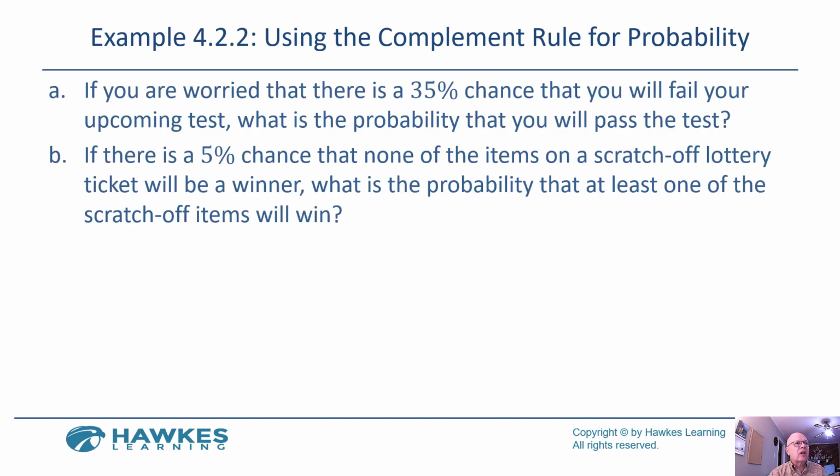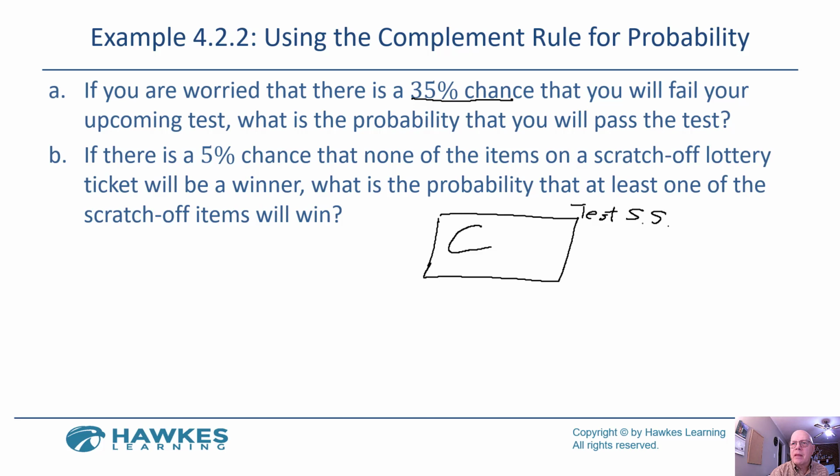So let's take a look at using the complement rule. You say there's a 35% chance that you'll fail the upcoming test. What's the probability you'll pass the test? Well, you can draw a picture, you can draw that in your head or whatever. Here's a test sample space. Chance you'll fail there.